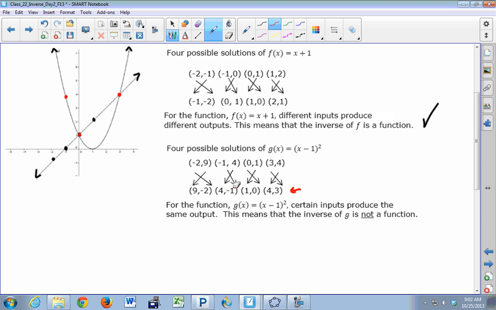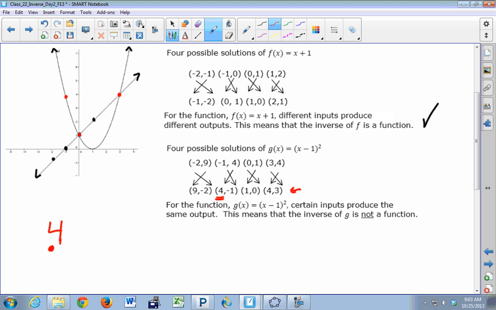And the answer is that it does not define a function, but can someone tell me why these 4 ordered pairs do not represent a function? There's 2 4s, okay, well, it's not the fact that there's 2 4s, but what is it true about? So if you put a 4 into your inverse function, what's going to come out, Tiffany? You put 4 in, what comes out?